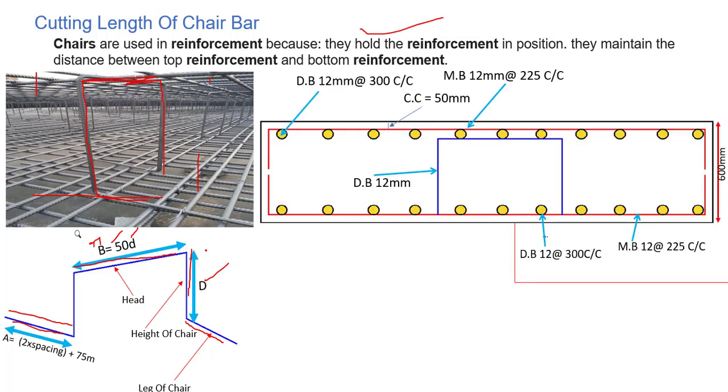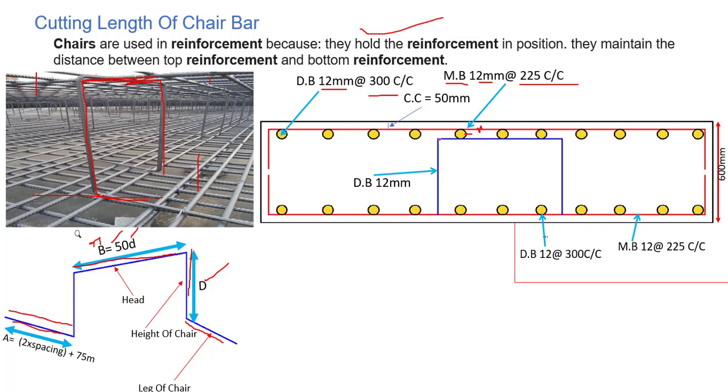And for height we will find out this D as well. No problem, let's move forward. Let's suppose we have this cross section for the foundation, where we have different details. We have a distribution bar, for which we are using 12 mm dia and 300 mm spacing, and for the main bar we are using 12 mm dia and 225 mm center to center spacing. This is the main bar and this is the distribution bar.